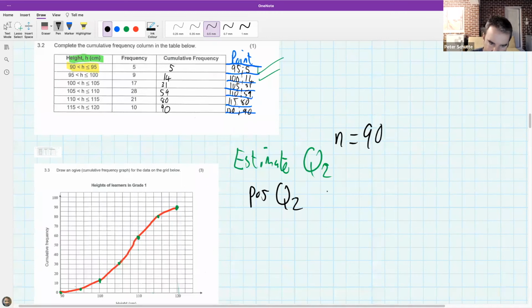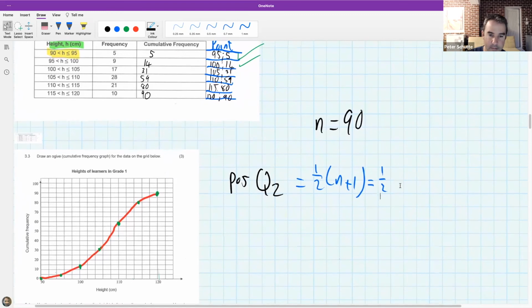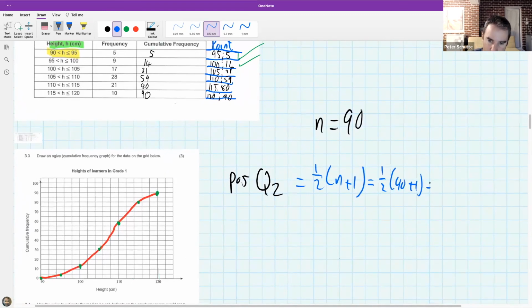It is 90. Now, normally, if I'm calculating the position of the median and I have n is 90, I use the formula a half times n plus 1. So in this case, the position of the median is going to be a half times 90 plus 1.